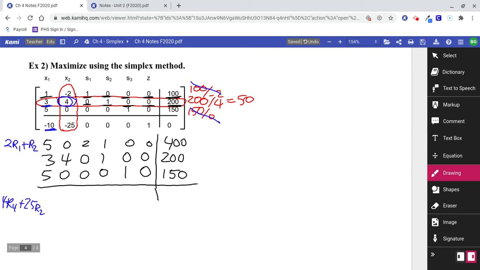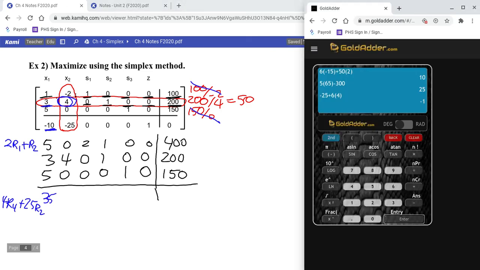Negative 40 plus 75 is 35. Use a calculator if you need to. 4 of the negative 10s plus 25 of the 3s. 35. So 4 of these plus 25 of these is going to be 0, of course.